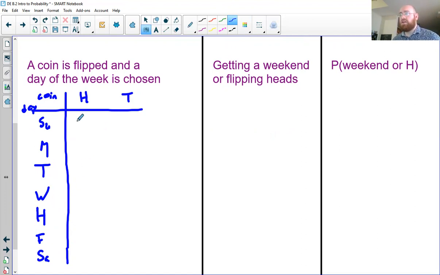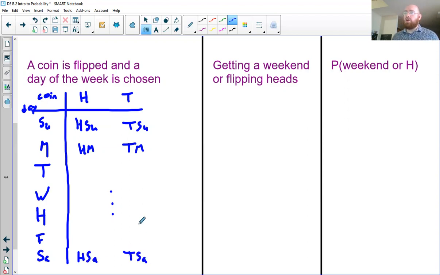So we could have a combination of heads on Sunday, tails on Sunday, heads on Monday, tails on Monday, all the way down to Saturday. I should be consistent. This would be heads on a Saturday or tails on a Saturday.